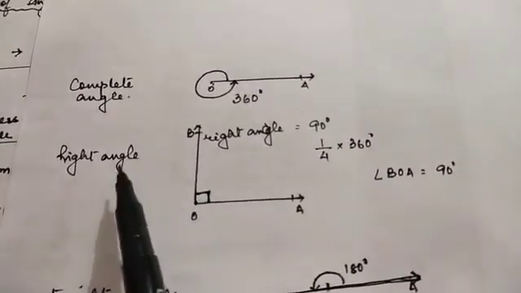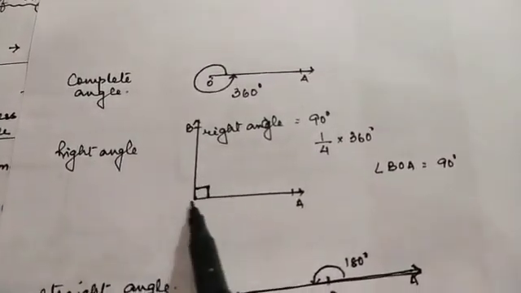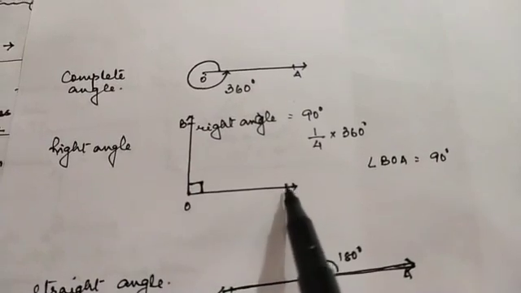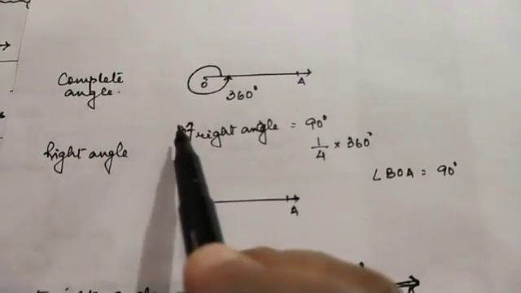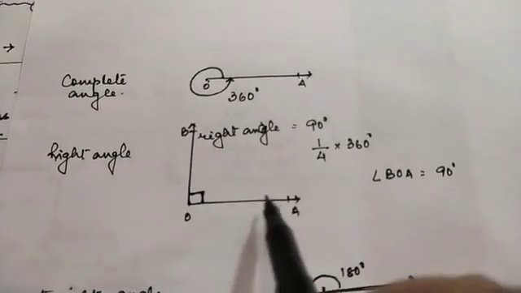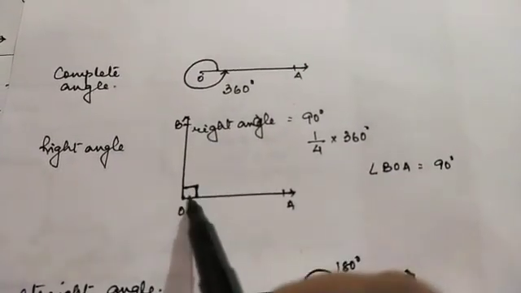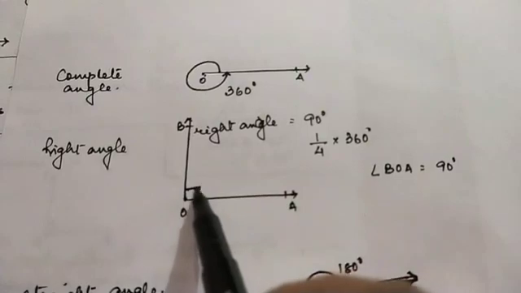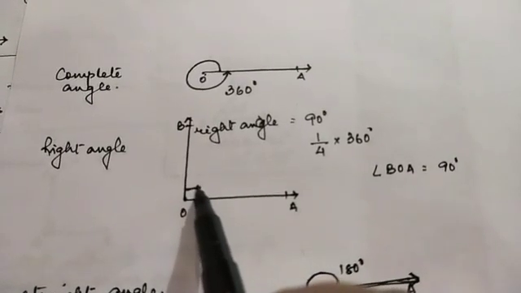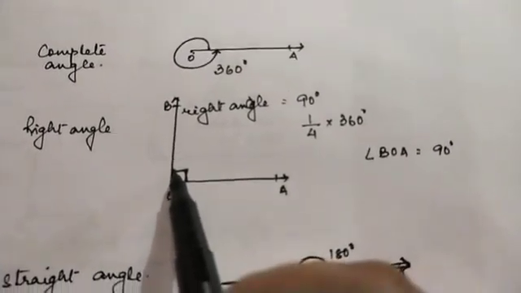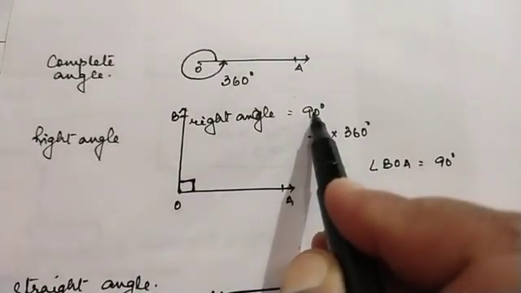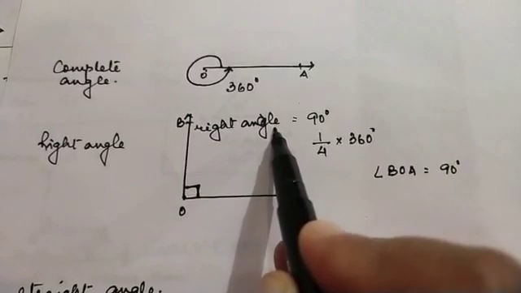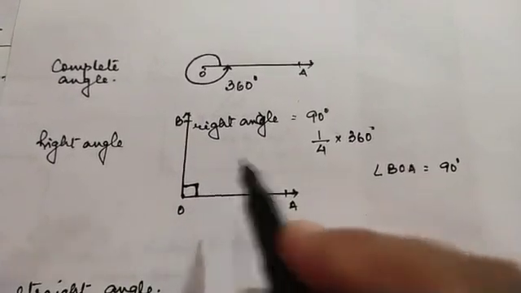Now here you see a right angle. The initial position of the ray is OA and it stands perpendicular on OA and makes an angle of 90 degree over here. This square sign indicates that the angle is 90 degree. This 90 degree angle is known as a right angle. This is 1/4.